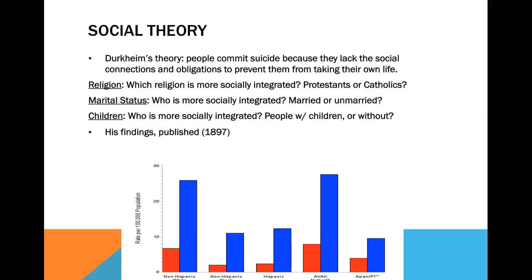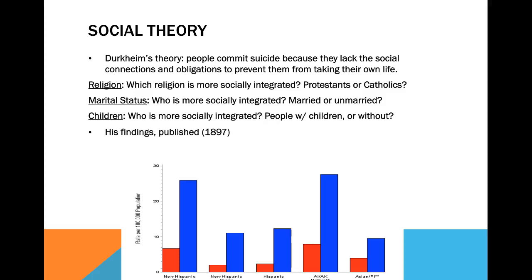Protestants or Catholics? For those of you that do not know what Protestants are, it would be any other Christians other than Catholics. Because as you know, Catholics are Christians, but they're a different kind of Christian. They're their own denomination. And then there's all these other denominations like Baptist or Evangelical or like Mormon.